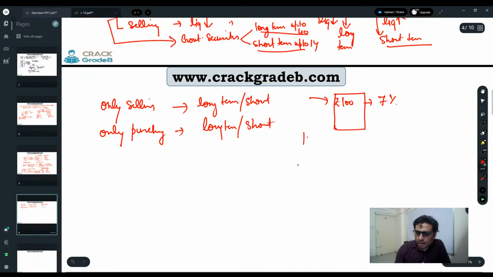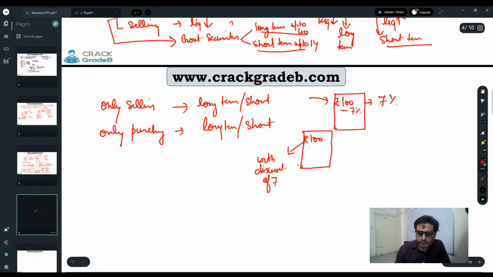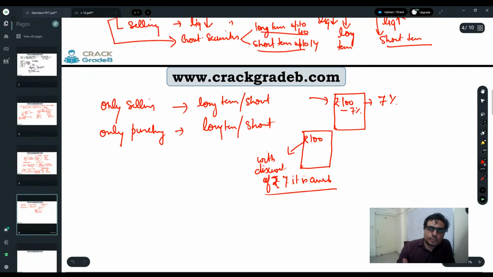Either RBI will write here 7% interest is offered, or RBI will write here this security of 100 rupees but available at a discount of 7 rupees.